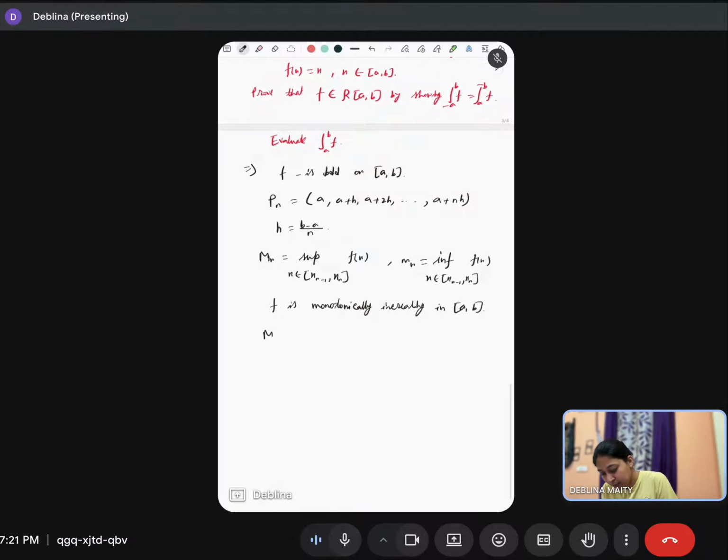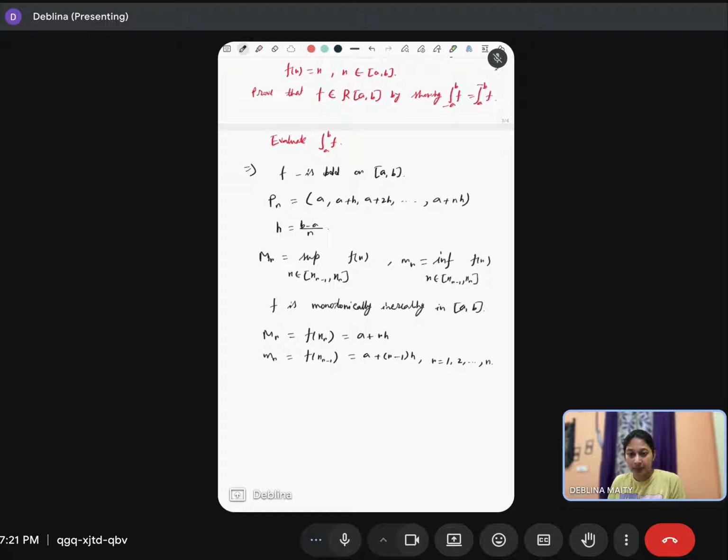So since it is increasing, capital M_r will be f(x_r), right? And what is this? This is a + rh, and small m_r will be f(x_{r-1}), that is a + (r-1)h, right, for r equals 1 to n.